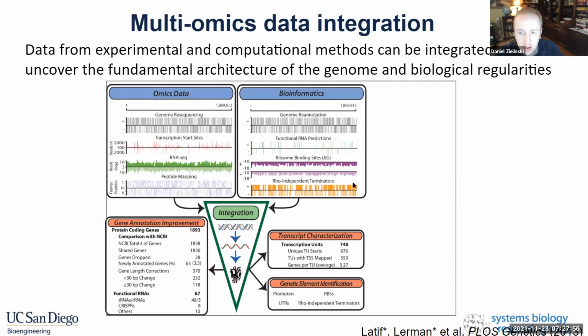We can now do terminator-seq. And all of this can be mapped onto and integrated in terms of a DNA sequence. And so you can see some of the statistics here for this particular data collection, how many of every data type were layered onto this genome.